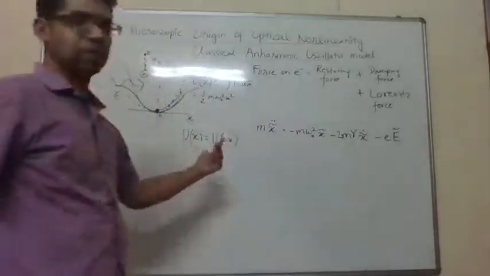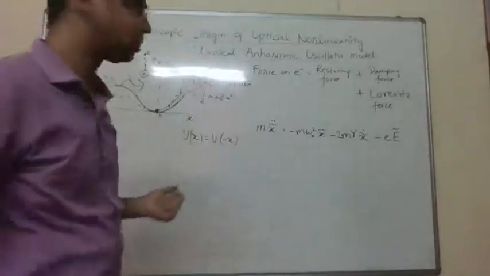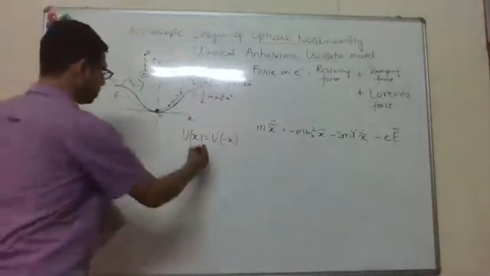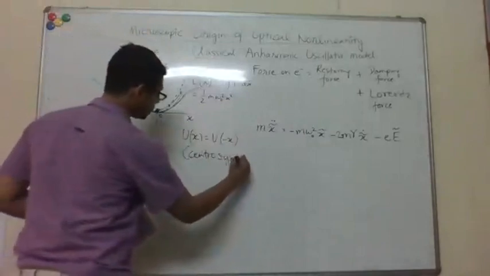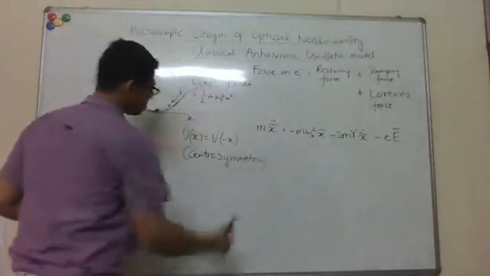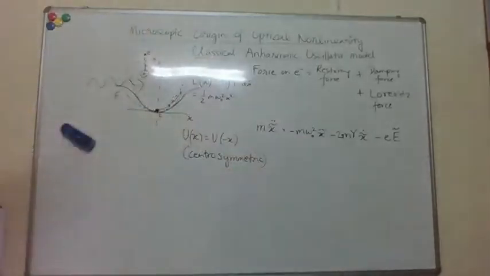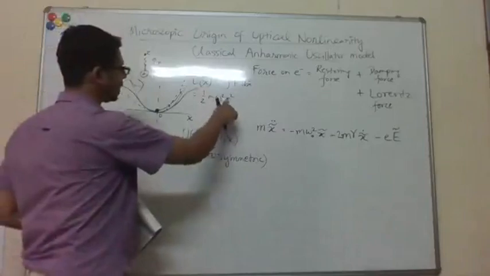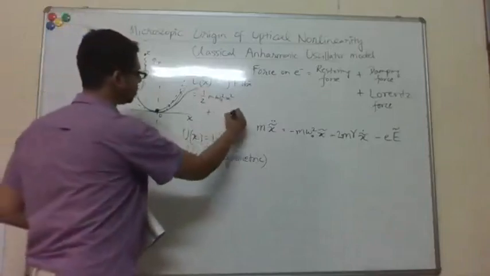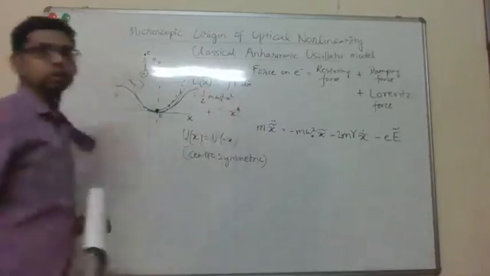Because the atomic potential basically comes from the arrangement of the atoms, right? So that's for centrosymmetric materials, right? So if that's the case, then the first higher order term that can come here has to be proportional to x to the fourth, right?